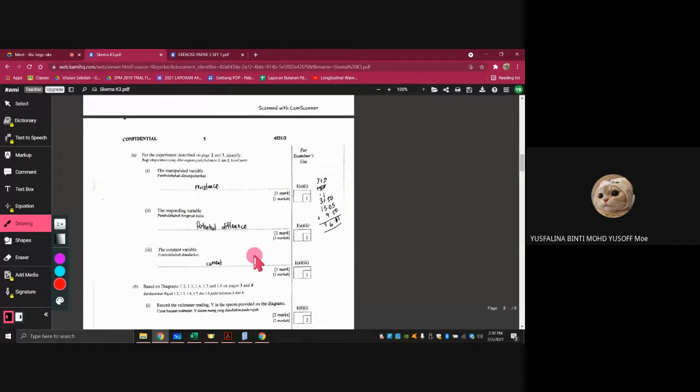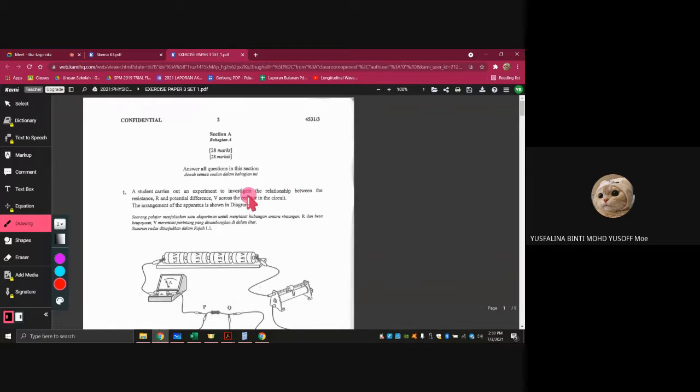So let's see the first one, you have to find the manipulated variable. How do you find the manipulated variable? Find it in the question. The first page already mentions the manipulated and the responding. So underline this phrase: the relationship between the resistance and the potential difference.